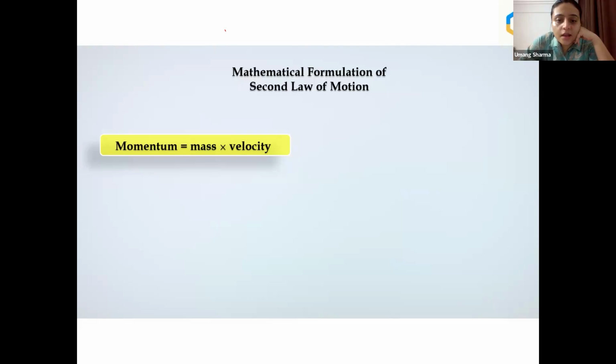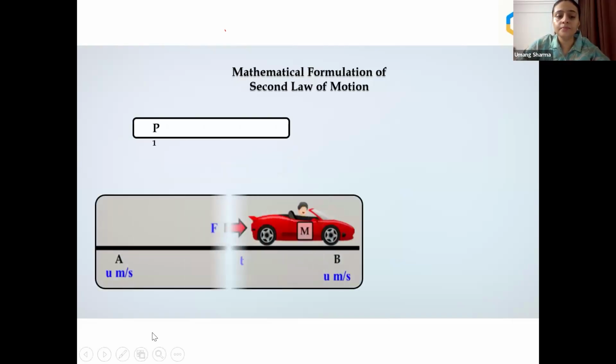Anyone wants to tell me what is the SI unit of momentum? I'll repeat the question. Yes, correct. All right.